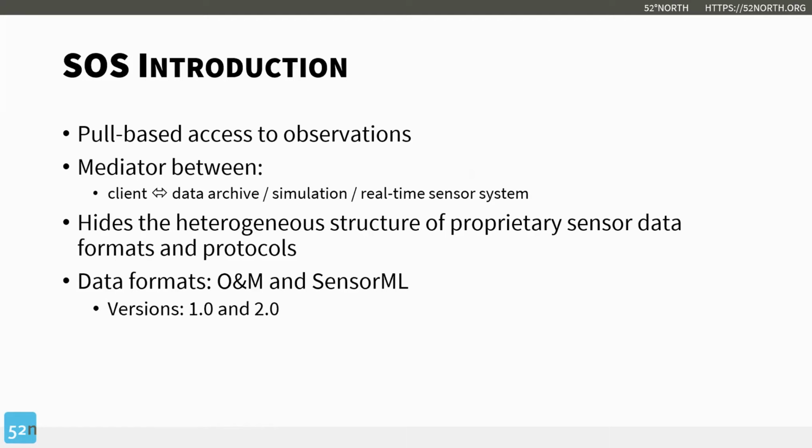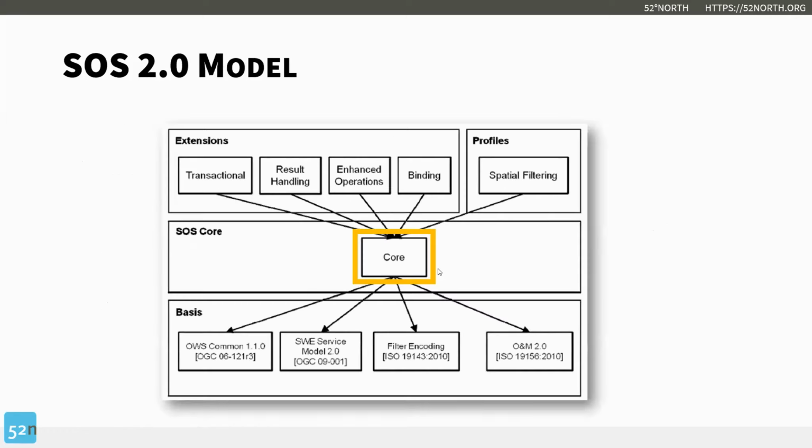That could be a database, some proprietary web service for accessing your data, some real-time systems, simulation models, etc. So basically, it abstracts from all these different ways how the data may be there in reality and gives you just a simple web service interface to query the data independently of how it is stored underneath.